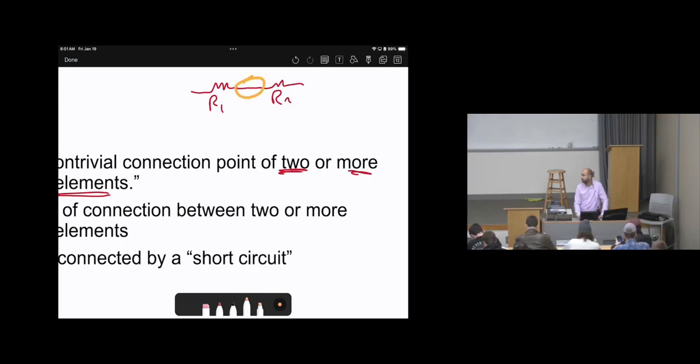Any connection between two or more. Or when I have R1, R2, R3, these three elements are connected in this point, and this point is called node. Okay? So whenever you see any connection between two or more elements, this is called node.